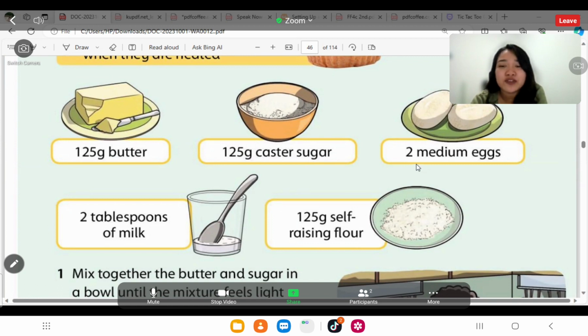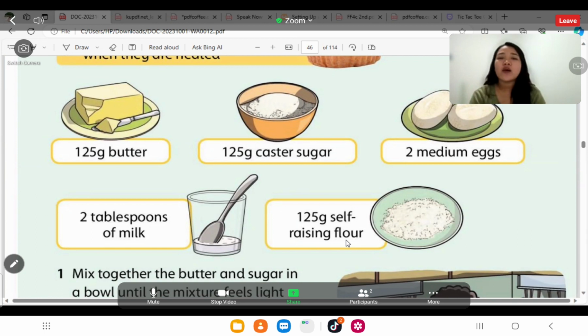Sugar. Two medium. Two tablespoons of milk. And the last one, 125 grams self-raising flour. Okay, that's right.